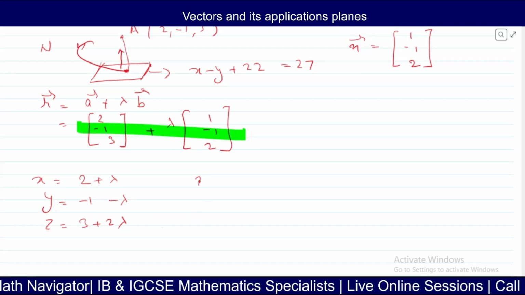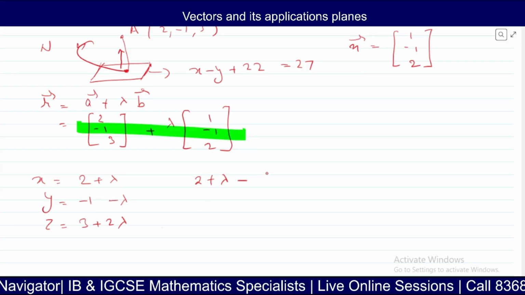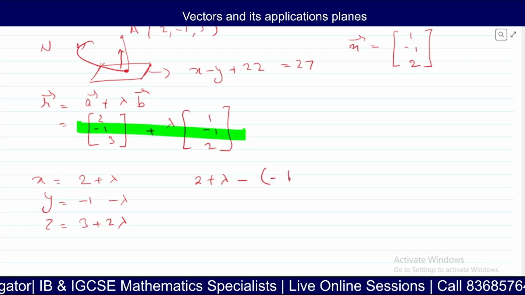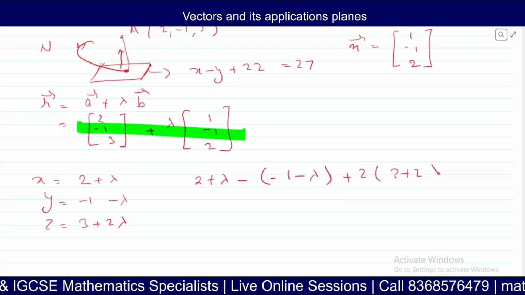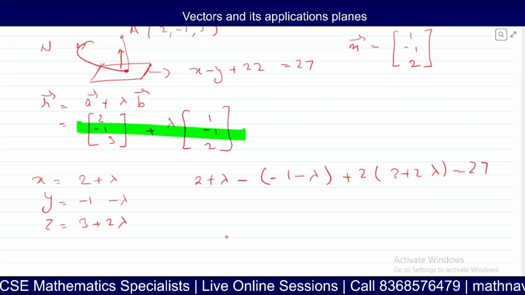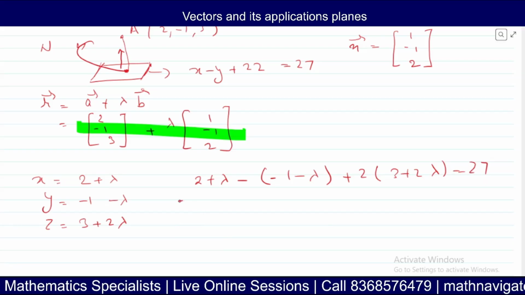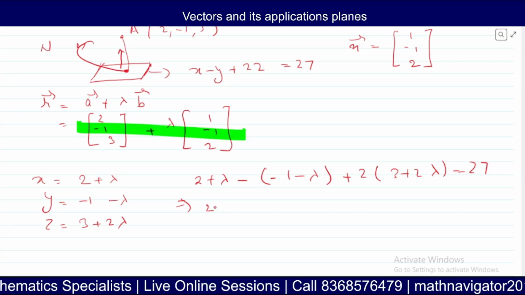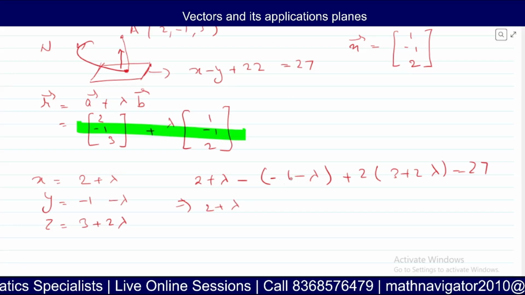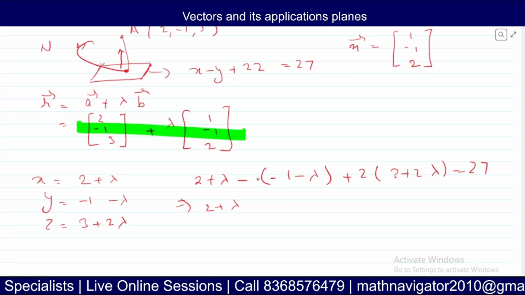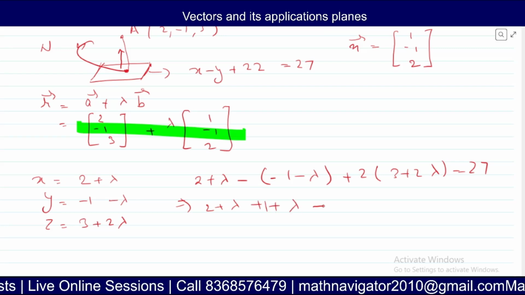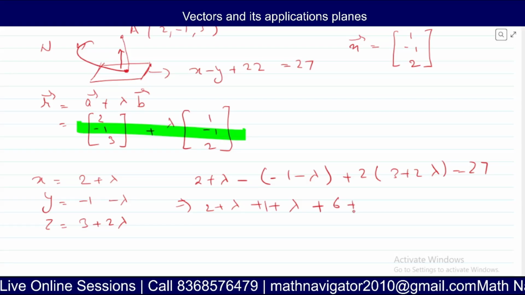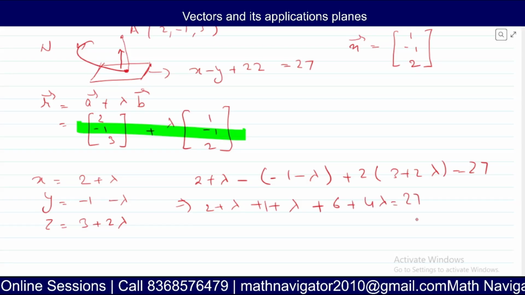This becomes (2 plus lambda) minus (-1 minus lambda) plus 2 times (3 plus 2 lambda) is equal to 27. Which gives me 2 plus lambda plus 1 plus lambda plus 6 plus 4 lambda is equal to 27.